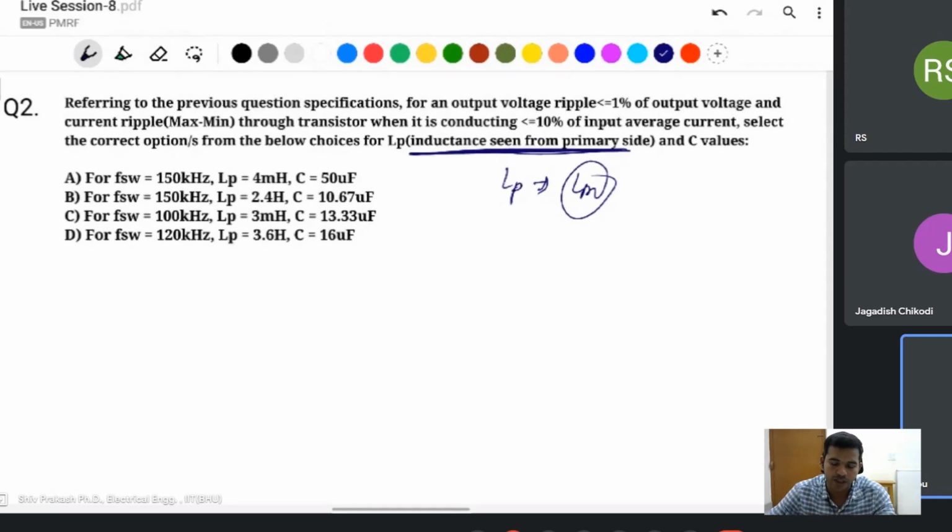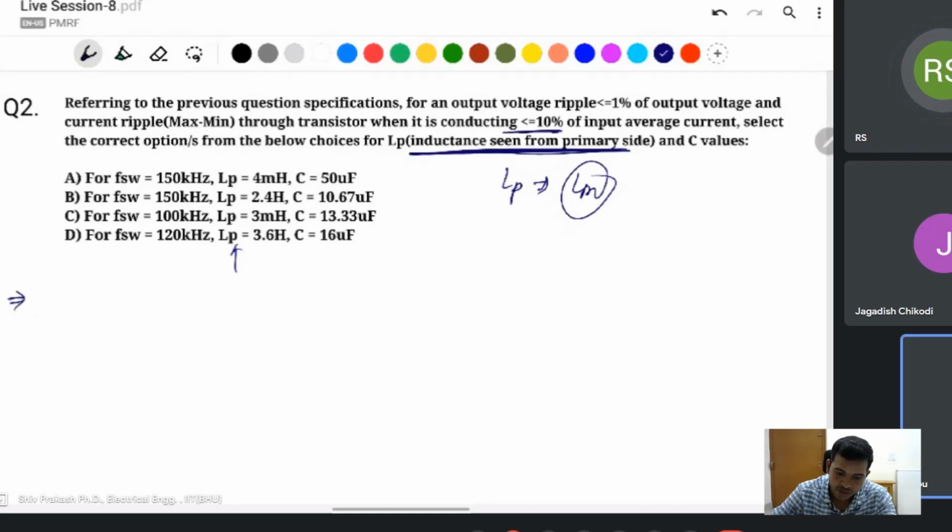In the equivalent circuit of a transformer, if the leakage winding is 0, then only the magnetizing winding is present. Then LP is the same as the magnetizing inductance. If you take this value, then the ripple current should be 10% of the average input current.